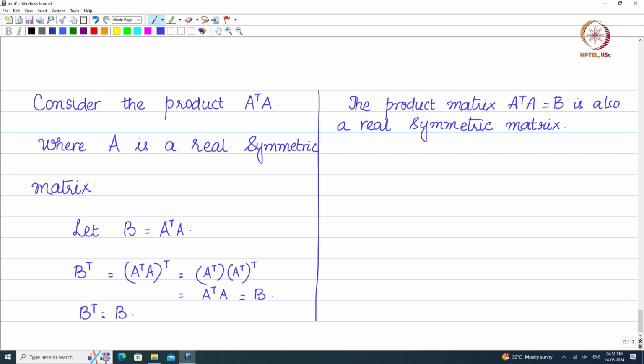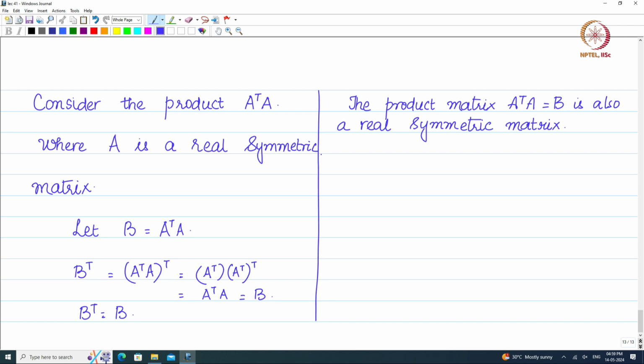And if you look at A transpose A, we can take A transpose to be A itself. So, A into A, A transpose A is basically our A squared.